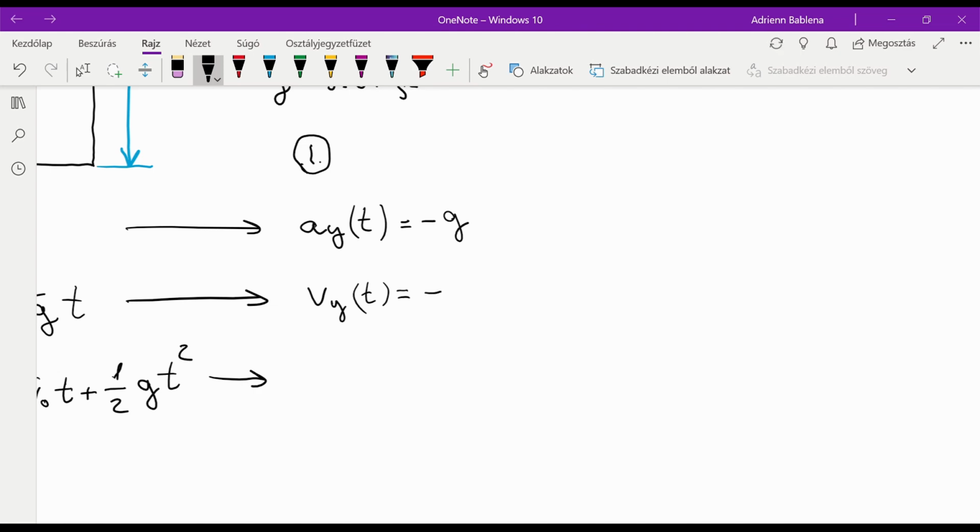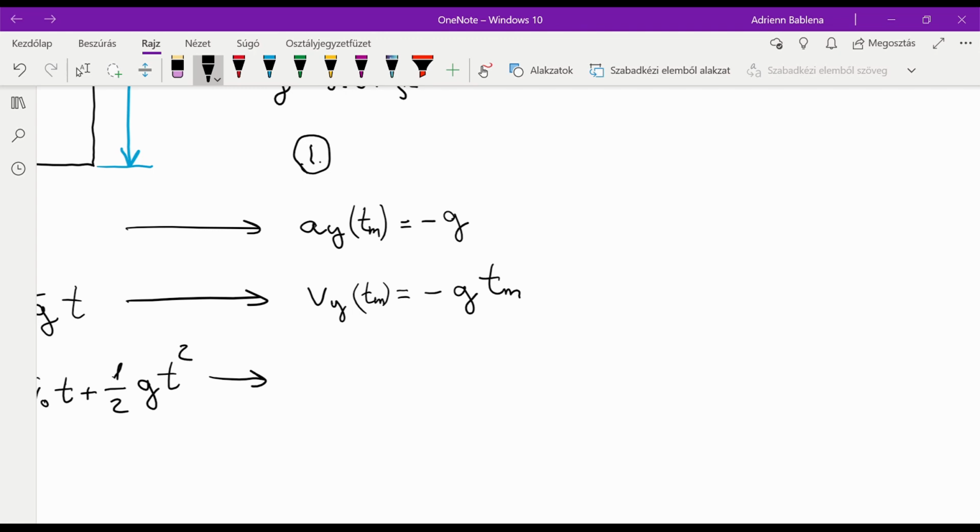Vy equation is minus g t, and let's write a parameter, not the general t, let's write, for example, tm, like the material points. It's the time of the movement of the material points. We don't know tm, we will calculate it.